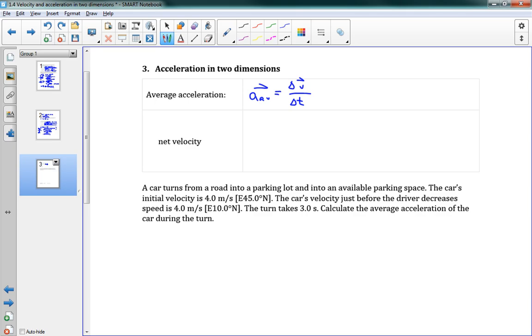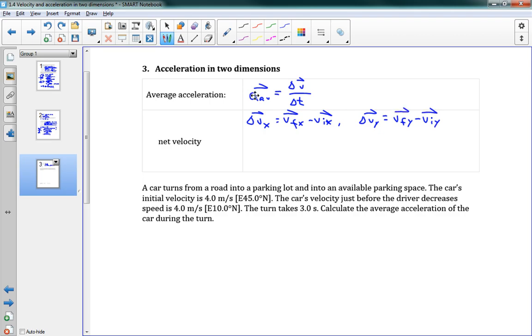So, to summarize what we did before, our net velocity, delta Vx, so we break up the x and y. So it's Vfx minus Vix, delta Vy equals Vfy minus Viy.